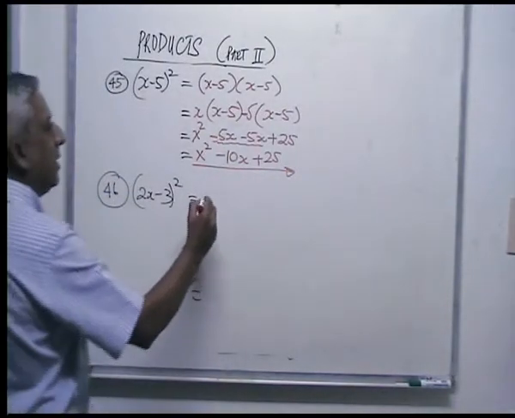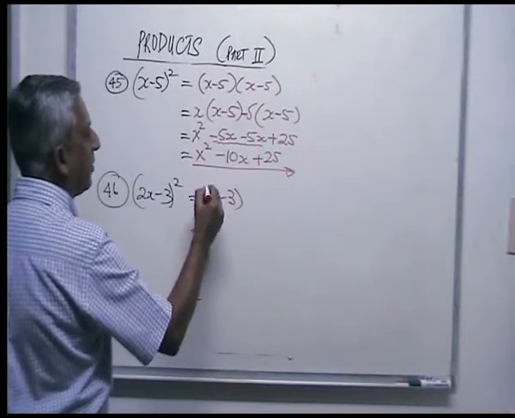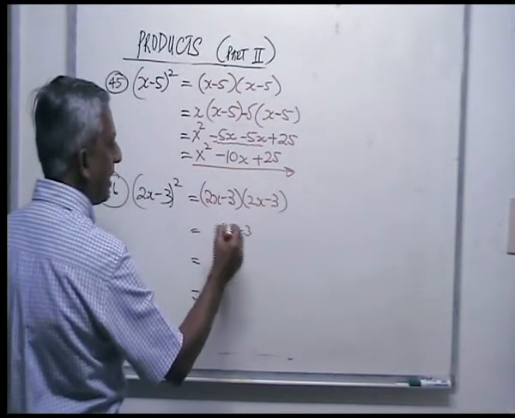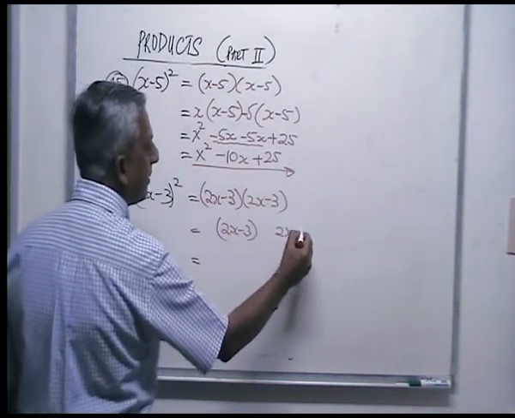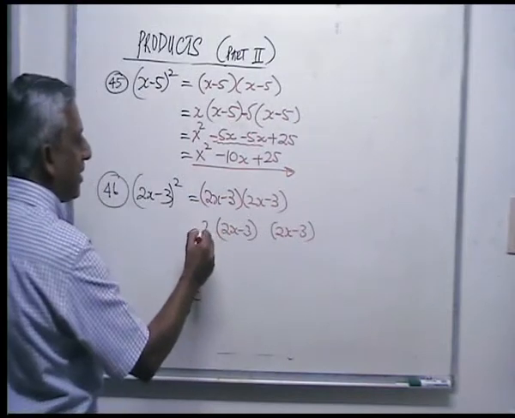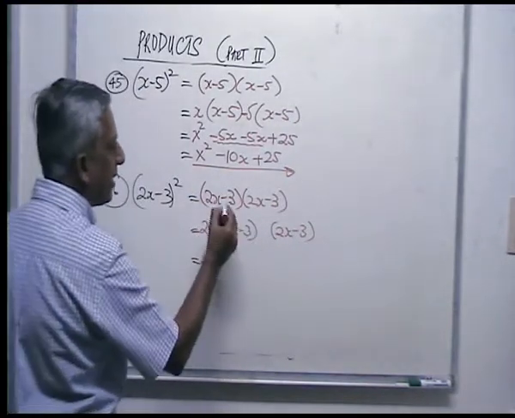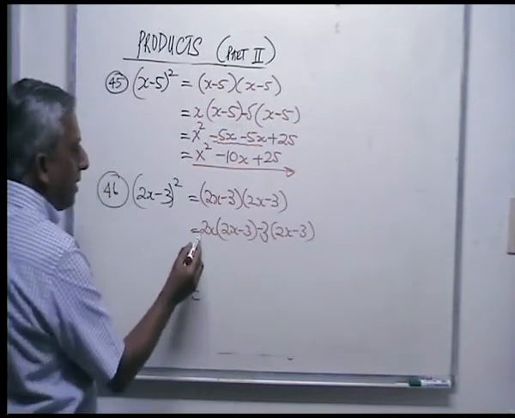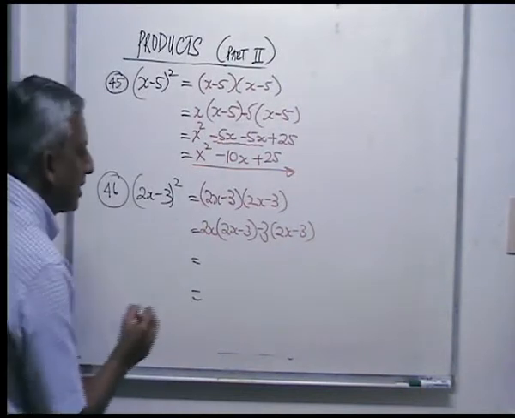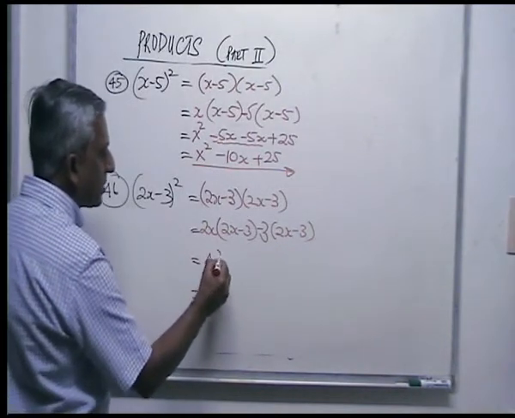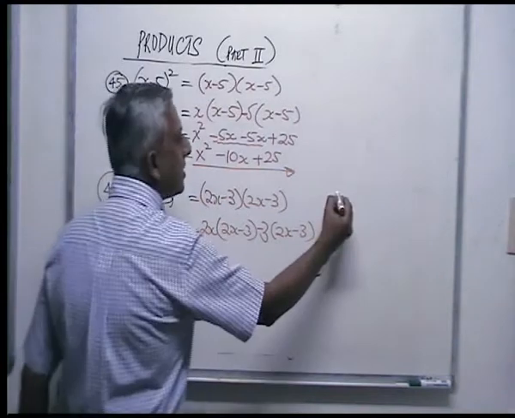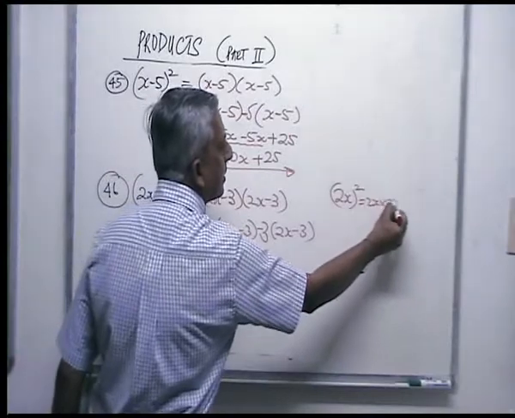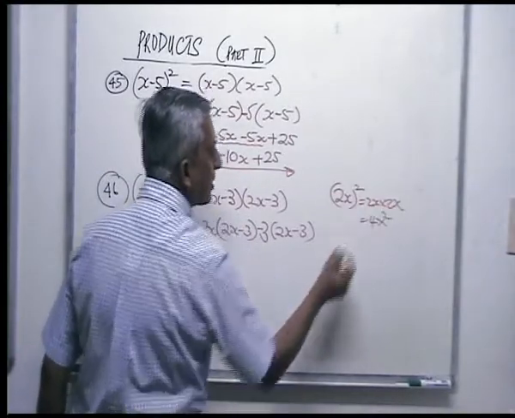On to number 46. Good boy and a good girl will always write down the 2 brackets and then repeat the second bracket 2 times. In the front here you have 2x, and in the middle here you have minus 3. Okay, now 2x times 2x gives you 4x squared. So what we're saying is, if you're squaring 2x, it is 2x times 2x, and that gives you 4x squared.